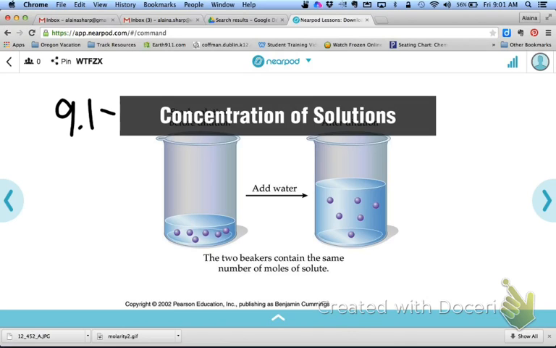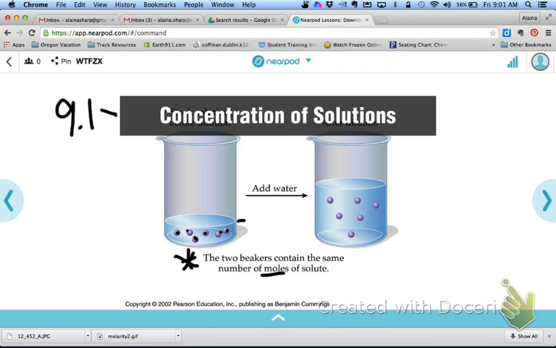Today we're going to talk about concentration of solutions, and what I have here is a picture of two beakers. It says down here at the bottom that the two beakers contain the same number of moles of solute. In this first beaker we have 6 moles of solute. Let's say it's oxygen molecules. Fishies need oxygen to breathe in water, so the oxygen has to be dissolved in the water.